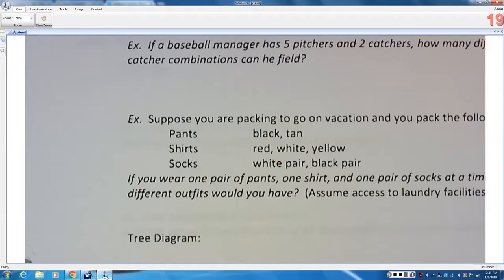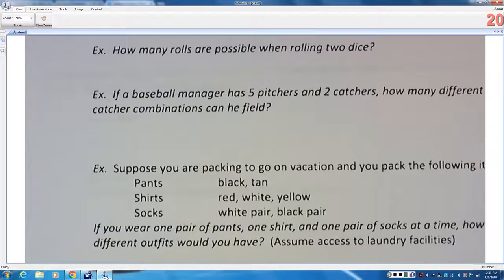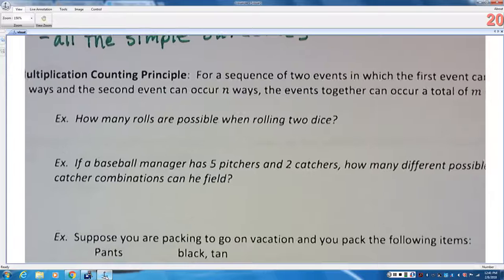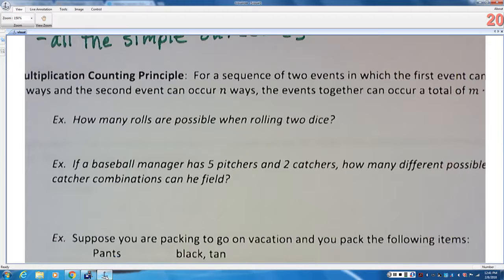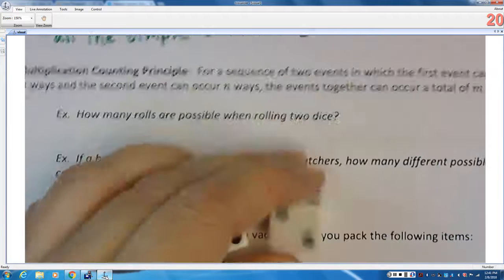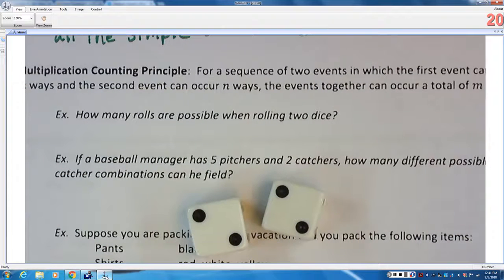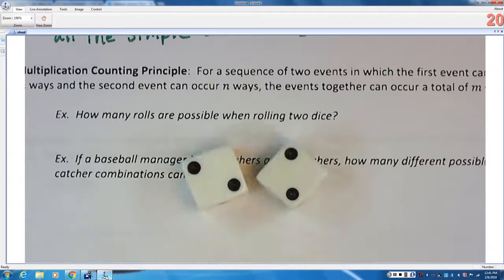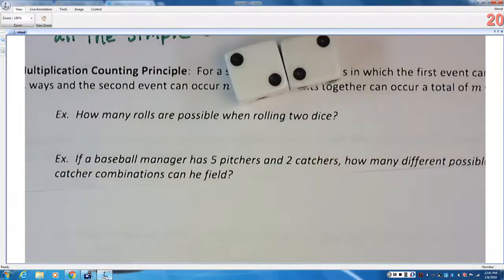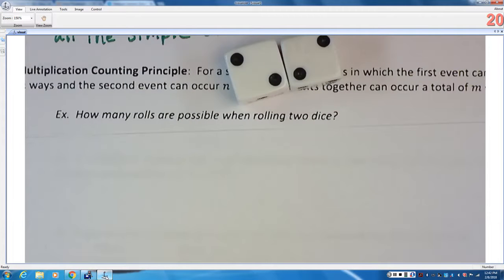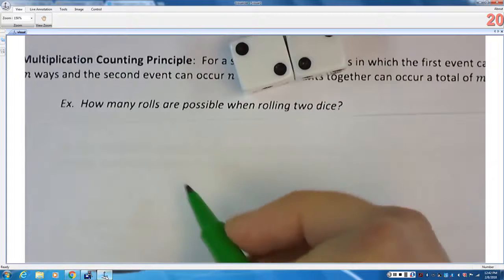If you're going to roll 2 fair 6-sided dice, how many rolls are possible when you're rolling 2 6-sided dice? We're talking about 6-sided dice here. How many rolls?